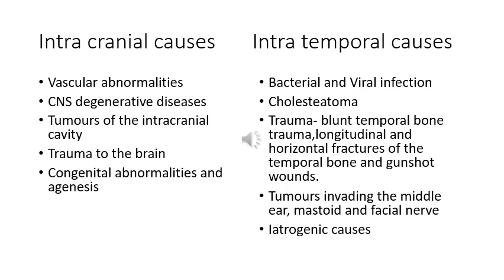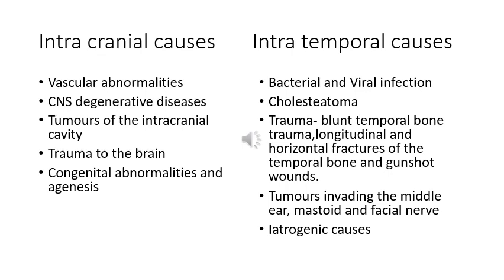Then any direct trauma to the brain, and congenital abnormalities of the brain, and agenesis, that is a failure in the development of the organ or the nerve from the embryo level.